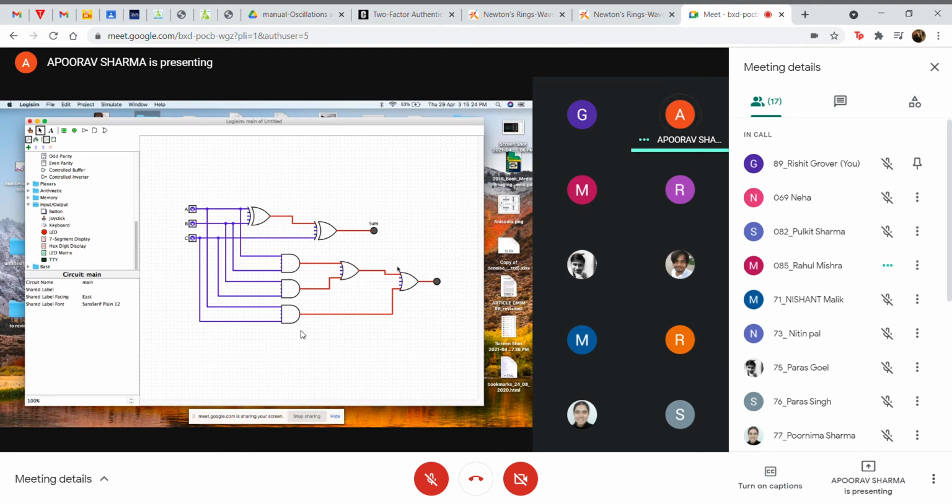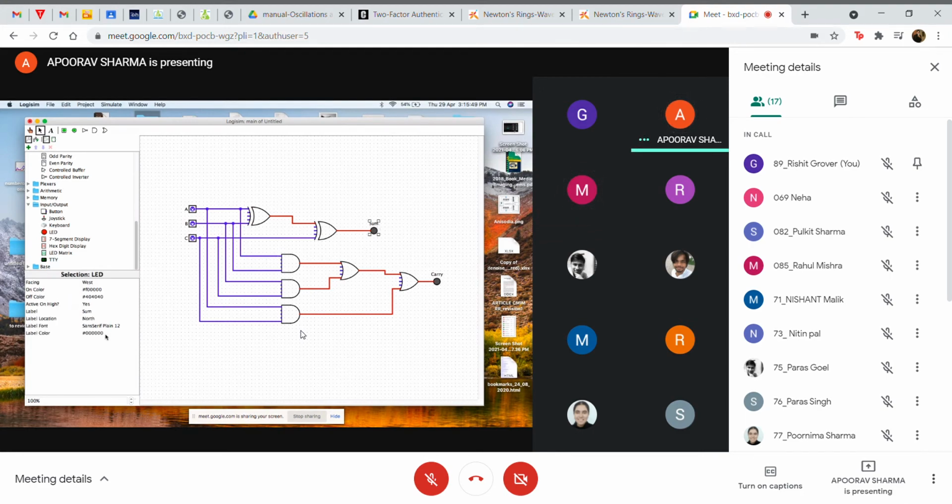So this gate along with this input generates the total carry output. So this is your carry. Okay.